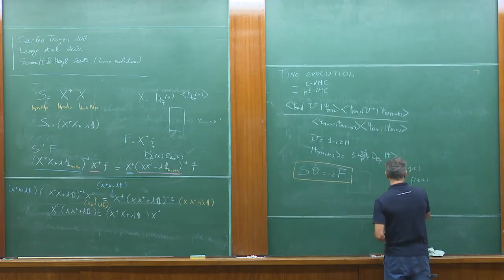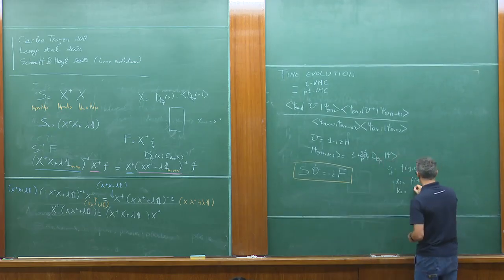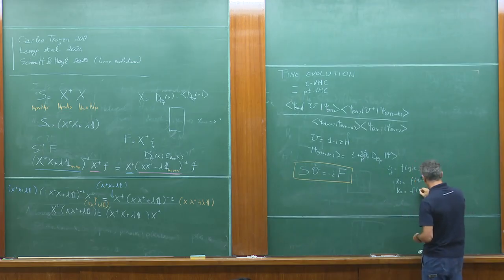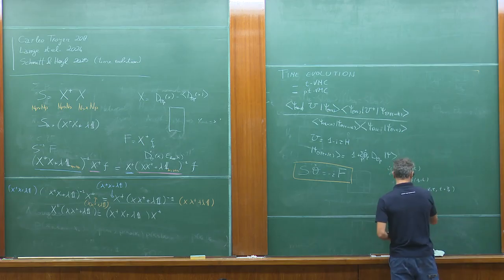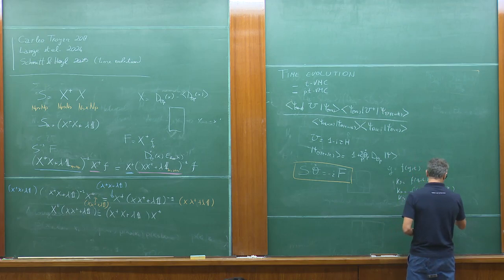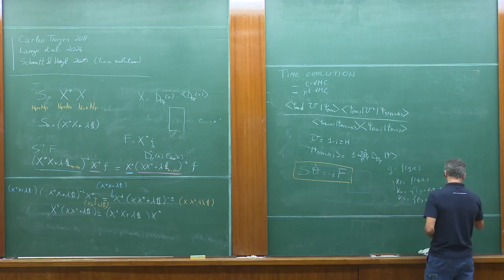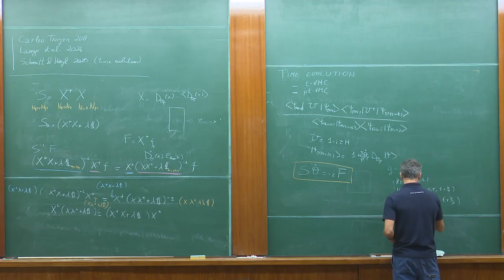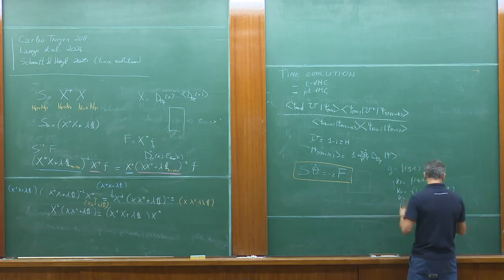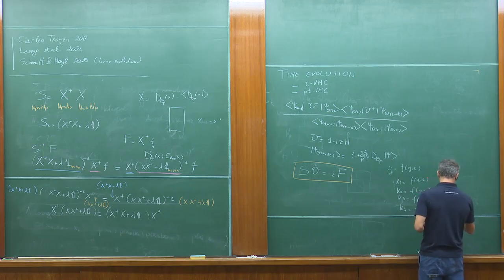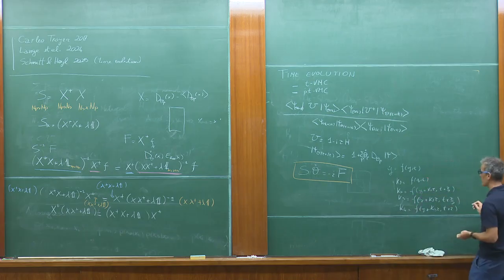Then you have a k2, which is f of y plus k1 tau, t plus tau over 2, k3 equals f of y plus k2 tau, t plus tau over 2, and then you have k4 equals f of y plus k3 tau, t plus tau, something like this, if I remember correctly.